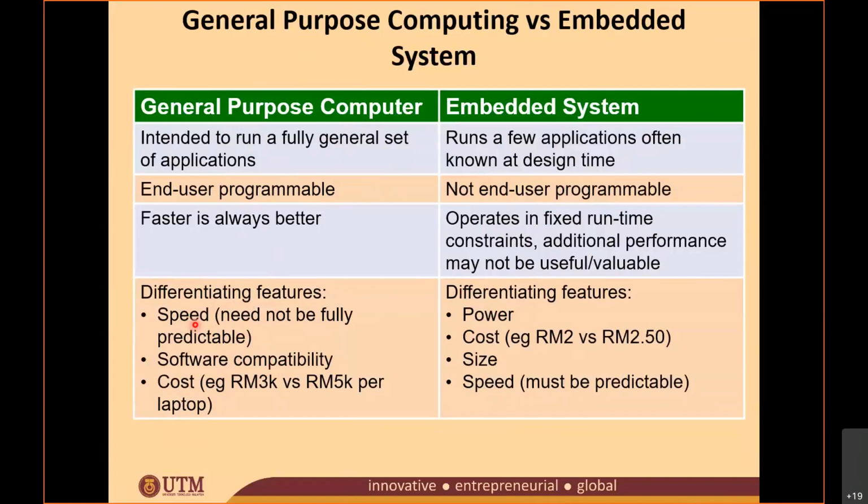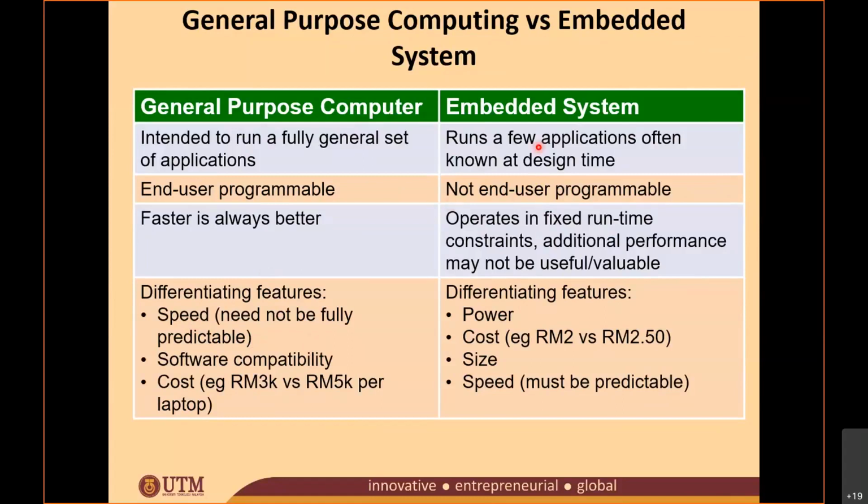Of course, the 4 gigahertz one is faster. Then laptop A has an SSD, and laptop B only has a standard hard disk. SSD is much faster compared to a standard hard disk. So this is how you differentiate one computer from another.